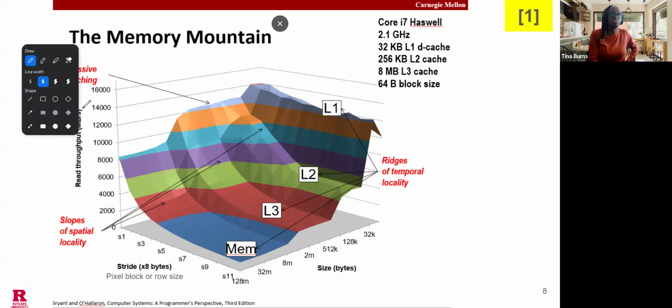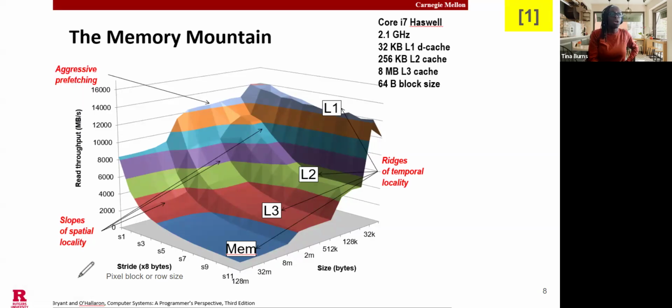This is our z-axis, our read throughput, which represents how fast I am getting this information, the speed at which my data can be accessed from memory. The faster, the better. The more quickly I can get my information, the better. We want speed and we want access.